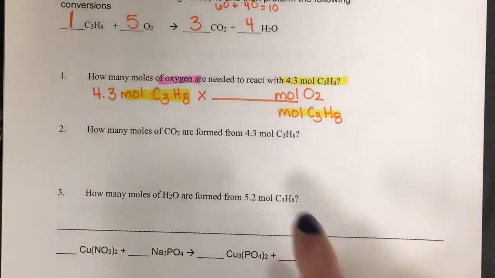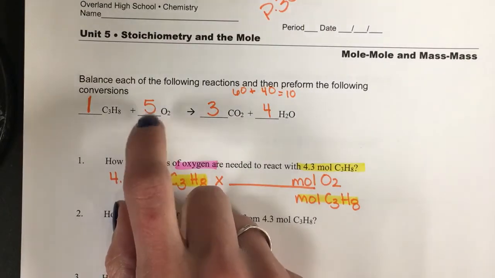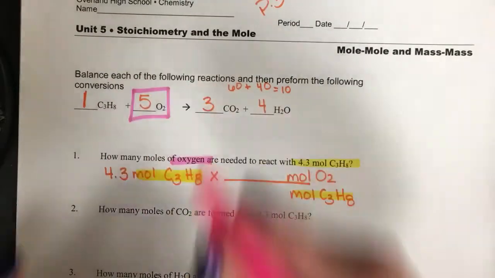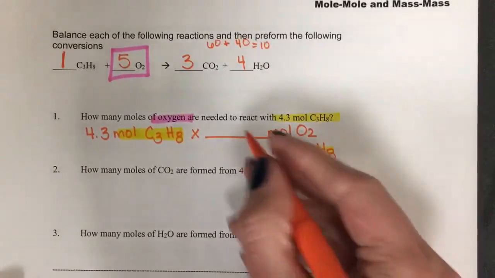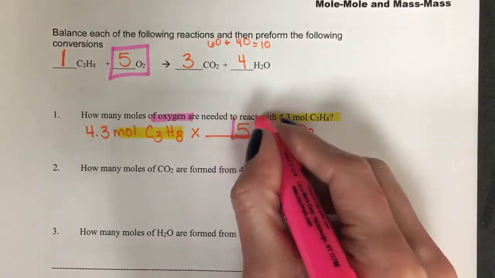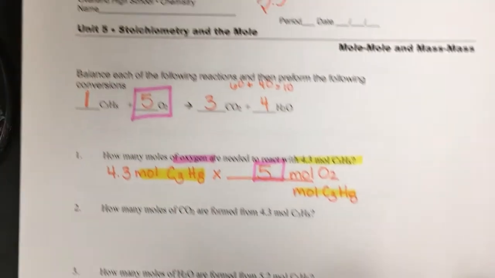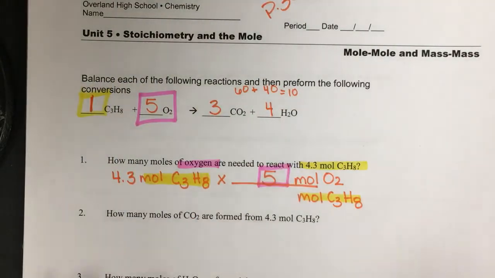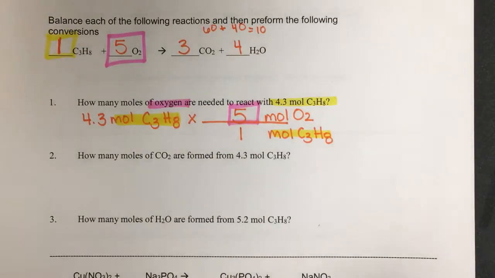So I go back to my equation for O2. The number next to O2 is a 5. Okay, so I'm going to put a 5 there. The number next to C3H8 was either blank or a 1. So I'm just going to put my 1 there.